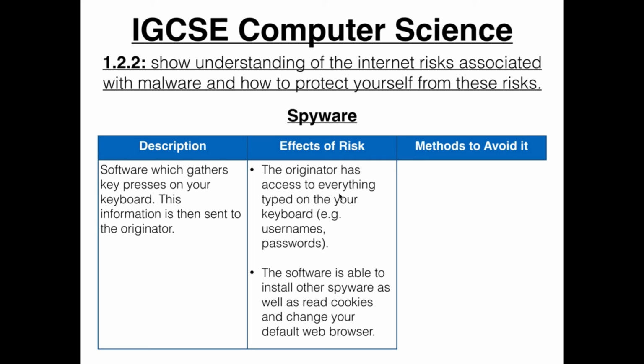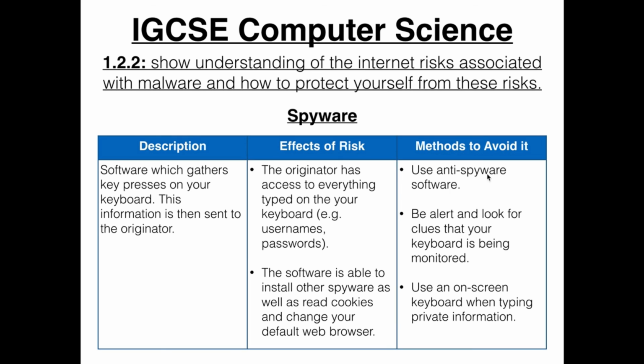And the effects of this, the originator has access to everything typed on your keyboard, so like usernames, passwords, and of course the software is able to install other spyware as well as read cookies and change your default web browser, which hopefully the originator doesn't change to Internet Explorer, because that would be really dangerous.